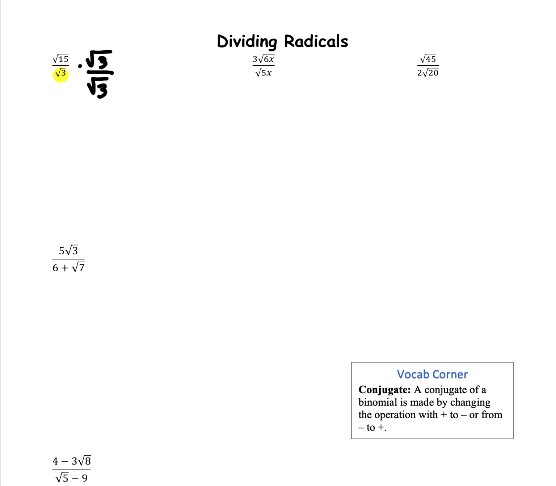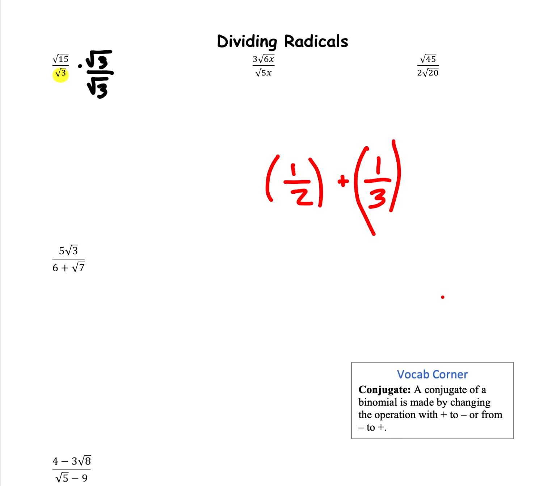So if you think about when we were adding fractions, like let's do 1 over 2 plus 1 over 3. We couldn't add this right away because we don't have a common denominator. And in order to do that, we would change 1 over 2 and 1 over 3 so they would have a common denominator.